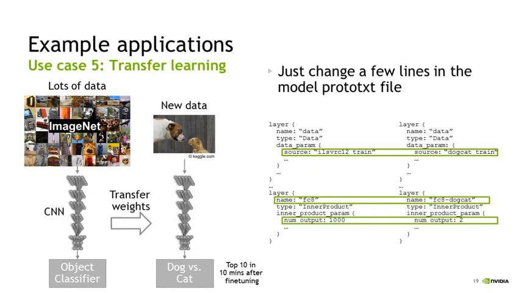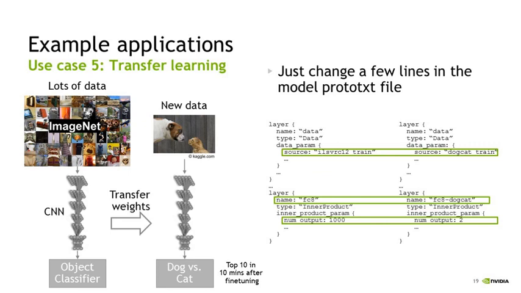Transfer learning is where you have one network that you've trained on one set of data, a large data set, for example, you've trained a network on the ImageNet data set to do object classification. You can take the weights that have been learned for that network and you can change the input data layer and the output classification task and then fine-tune the network on a new data set.